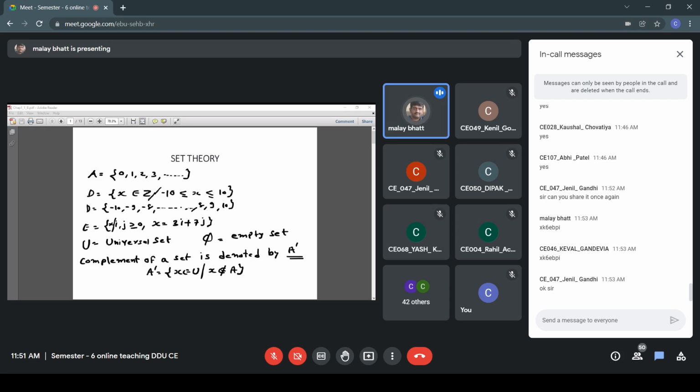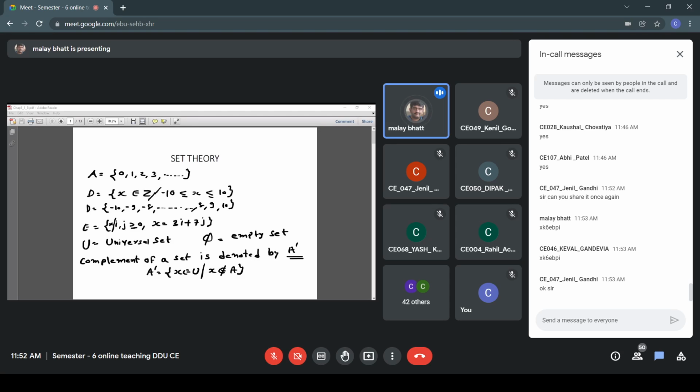But one more example here is x such that i and j are greater than or equal to 0, and x is equal to 3i plus 7j. So here you can see when I put 0 for i and j, we get x as 0. When I take i equal to 1 and j equal to 0, we get x equal to 3.